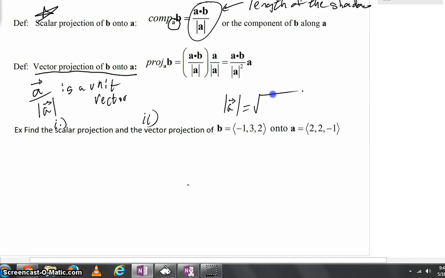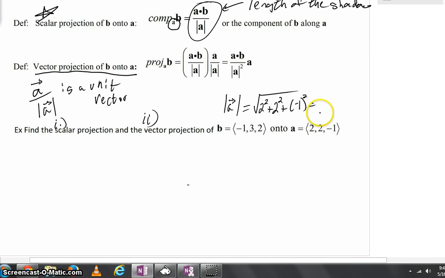And that, of course, is the three-dimensional Pythagorean theorem of the i, j, and k components: 2 squared plus 2 squared plus negative 1 squared. That's 4 plus 4 plus 1.